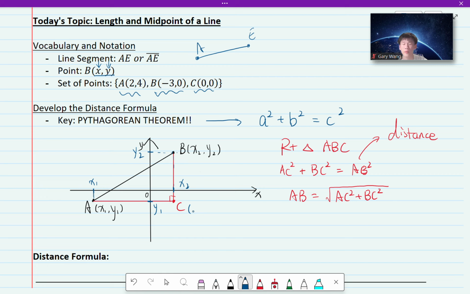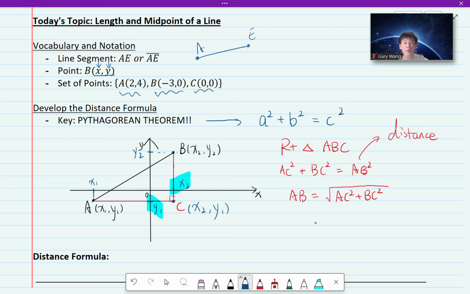So for point C, we can clearly see that it has an x coordinate of x2 and a y coordinate of y1. So the coordinates of point C should be x2, y1.